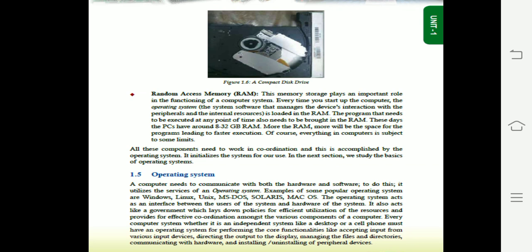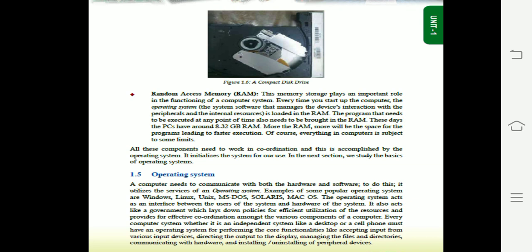It manages or governs all types of work that are done by our computer, and it also controls and manages all hardware and software resources which are attached to your computer.